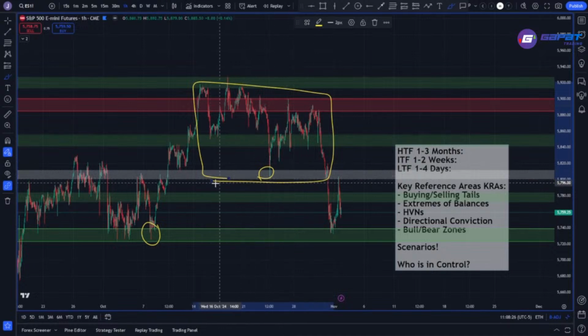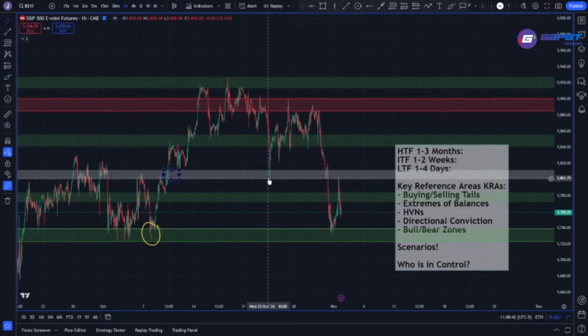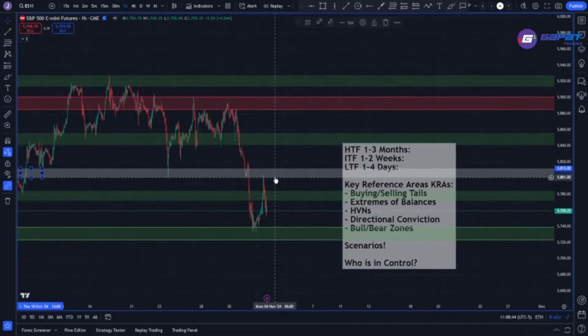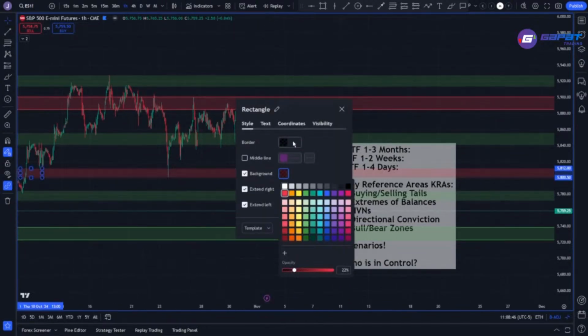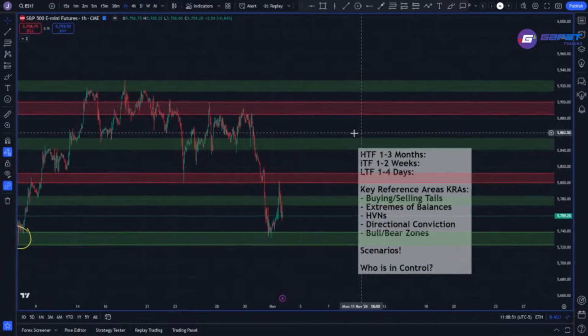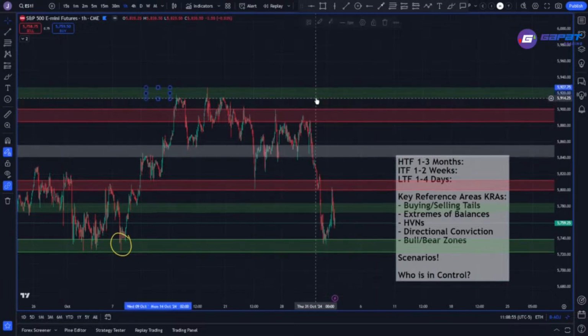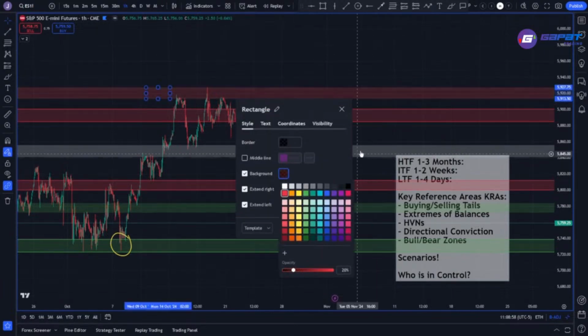More recently, that's to me one of the most important things about this zone: if we broke below this balance area low, I want to see if we hold the breakout and sustain below this balance area. So for me, since we're below this area, this would be a very strong resistance level. Let me just change this one to a white level. This one will also be a very strong level.